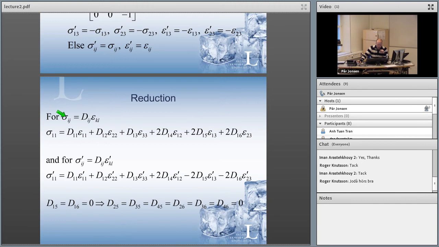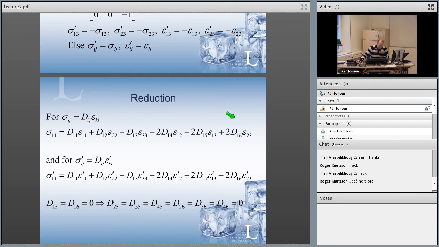And you write it out, all the 6 positions that you have. And then you do the same for the transformed system. You will see, okay, D11, D12, and so on. But here you have a minus sign. Okay, it's not the same, you see here. That position and that position, this position and this position, it's not the same.